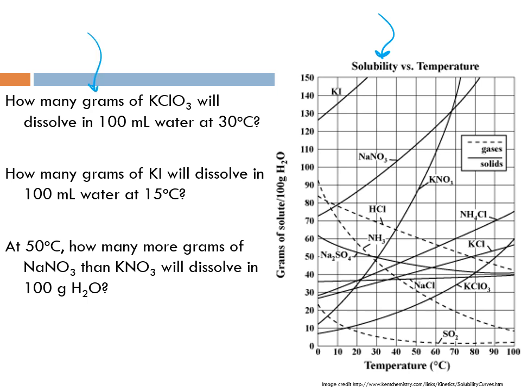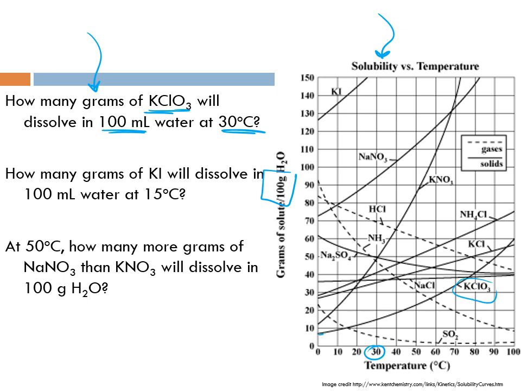So here, how many grams of potassium chlorate will dissolve in 100 milliliters of water? 100 grams, 100 milliliters, just about the same thing since we have a density of water of 1 gram per milliliter. So I'm looking at 30 degrees Celsius. I'm going to go to 30 degrees on my x-axis here, and I want to find the line for KClO3.